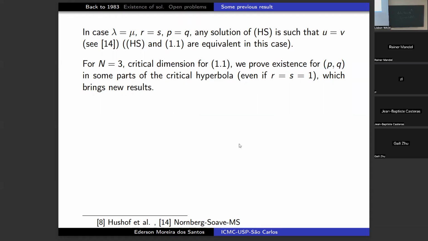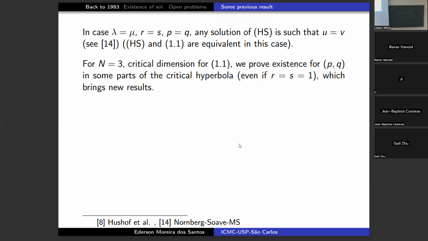So in this particular case, we reduce the problem to the Brezis-Nirenberg equation. For n equals 3, the critical dimension for the Brezis-Nirenberg problem, this is one of the interesting contributions in the paper.